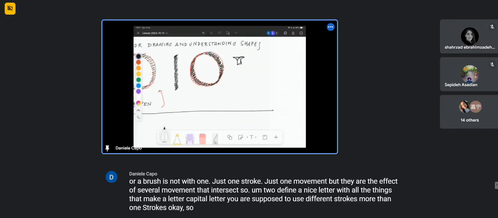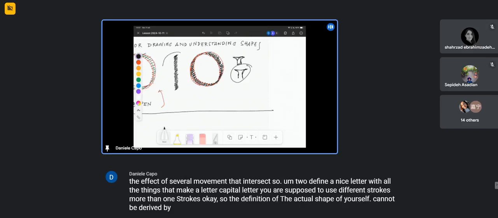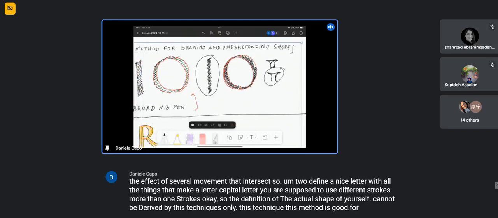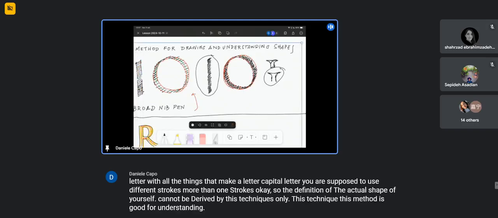Okay, so the definition of the actual shape of your serif cannot be derived by these techniques only. This technique, this method, is good for understanding where the weights are located around the letter.